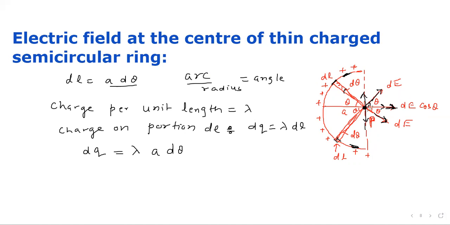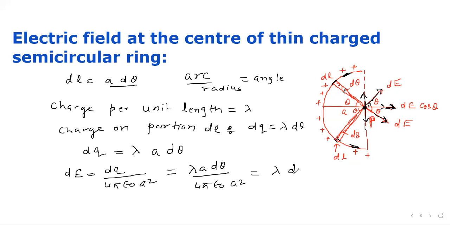So now we can say that dE will be equal to dq divided by 4 pi epsilon naught, distance is a square, and dq equal to lambda a d theta divided by 4 pi epsilon naught a square, which is lambda d theta divided by 4 pi epsilon naught a.